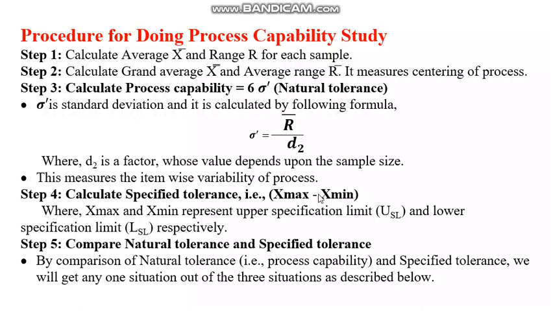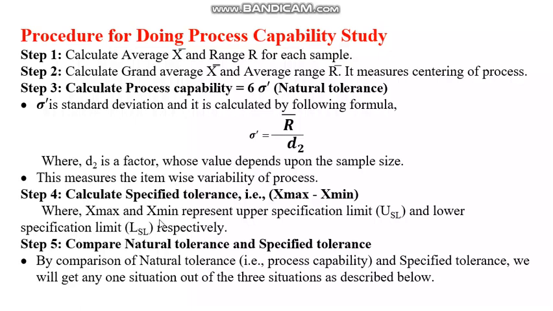That's what we were saying: 50 plus or minus 0.02 means 50.02 mm minus 49.98 mm. That means that is 0.04 mm. That is the tolerance. That one you can find out.